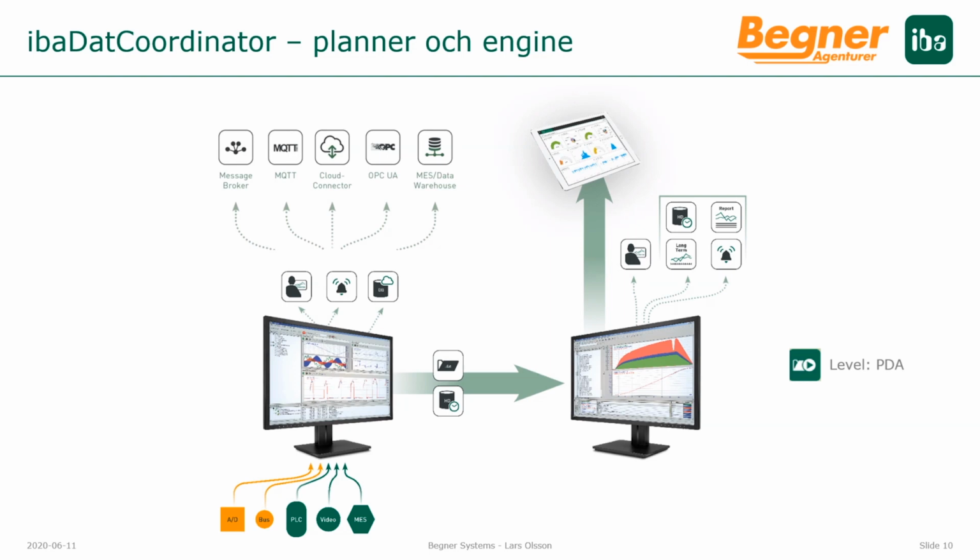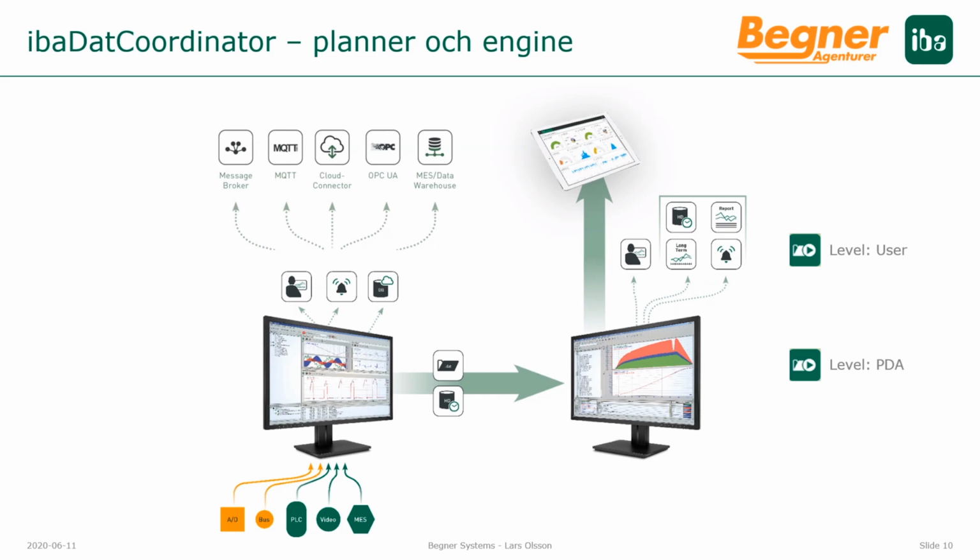One level of use of the ibaDatCoordinator is something called the PDA level. You can have an ibaDatCoordinator installed on the same level as the PDA, let's say, to carry out some specific jobs. I will show you. The next level would be the user level, where, let's say, the process development engineer uses the ibaDatCoordinator to do some long-term trends on aggregated values just because he or she needs it for the tasks of today.